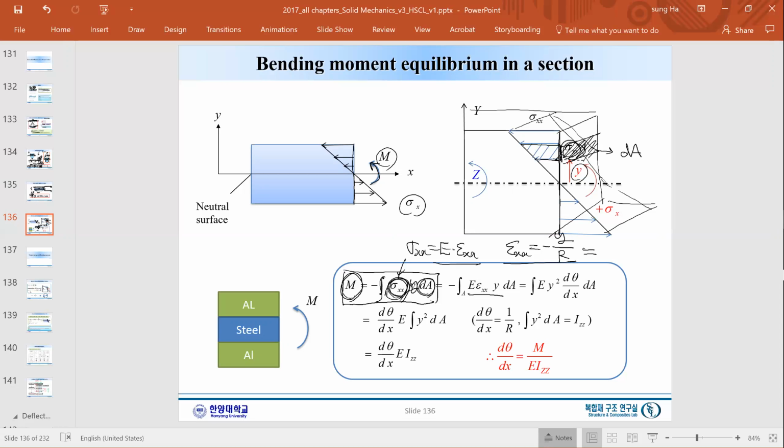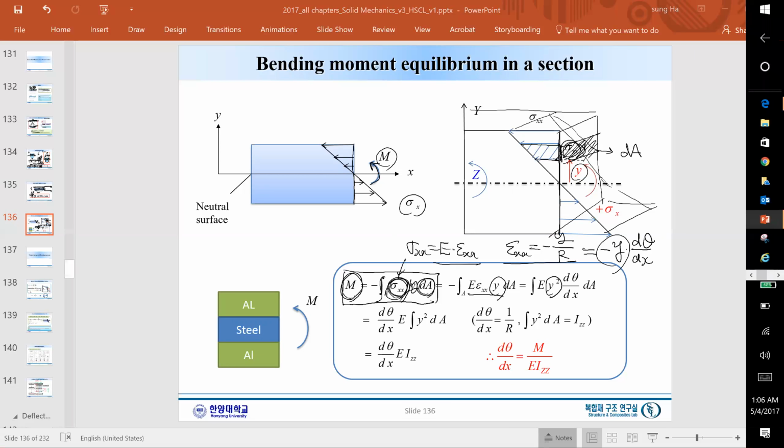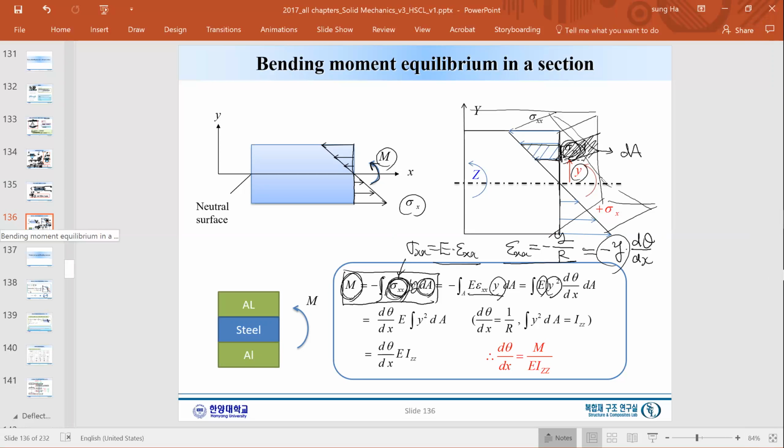Well, this one is one step further, and this one, so y and dx d theta. So there is a y here, and there is a y here. So y squared and Young's modulus E and d theta/dx, and then integration.